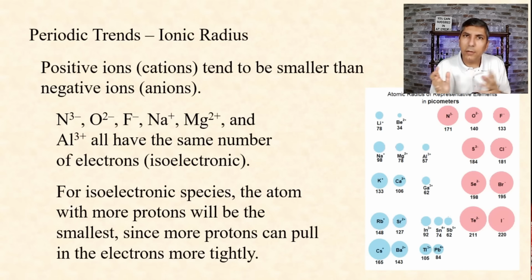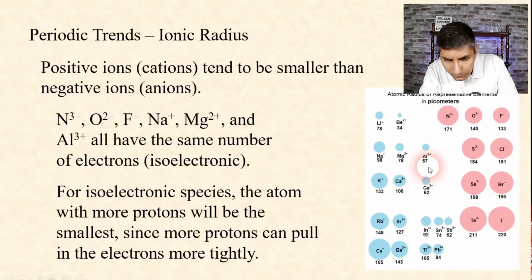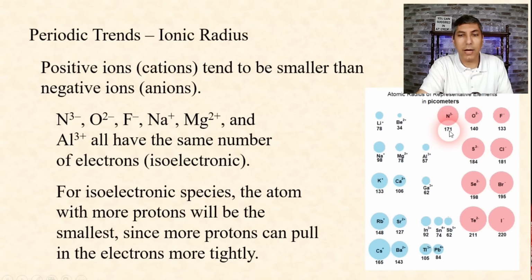And so what that means is, because of that, the atom that has more protons is going to be able to pull in those electrons more effectively. And so the one that has the most protons here is aluminum. And so aluminum is going to be able to pull in those 10 electrons much more tightly. And that's why the aluminum cation has a very, very small radius, something like 57 picometers, whereas nitride has a lot fewer protons.